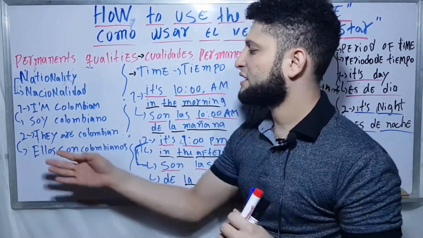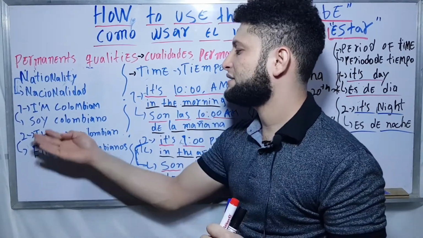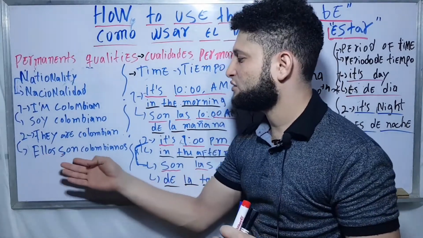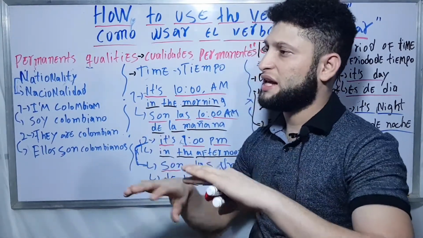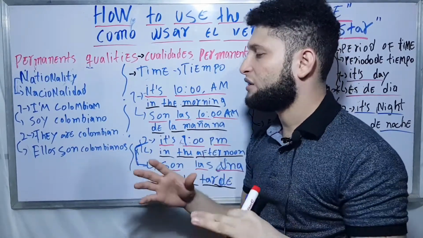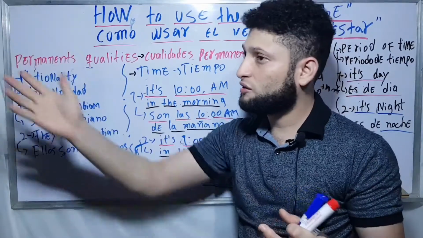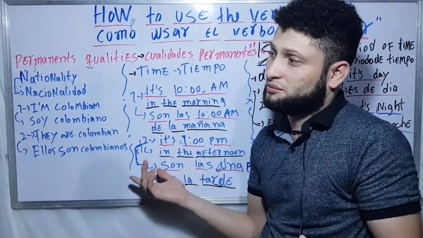And then I decided to write it like this. I decided to write the personal pronoun "ellos son" so that you don't get confused. But if everybody knows that you are speaking about a certain group of people, that they are Colombian, you can say just "son colombianos."